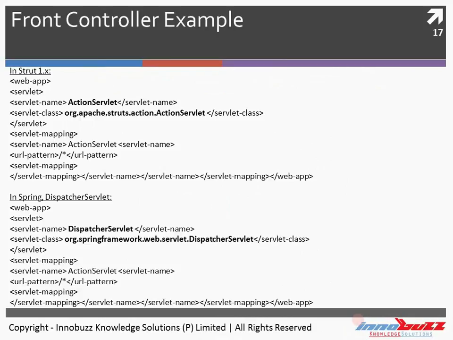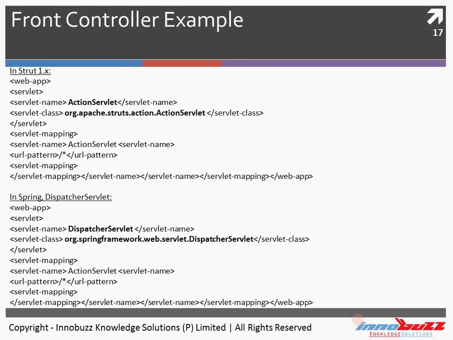In Struts 1.x onwards, there was a front controller which normally was a servlet, that was the action servlet, and this action servlet, which was defined in the web.xml configuration, that is the descriptor file, was acting as a controller to receive all the requests and then direct them to the appropriate action or view. So this was the controller for the Struts 1.x version.